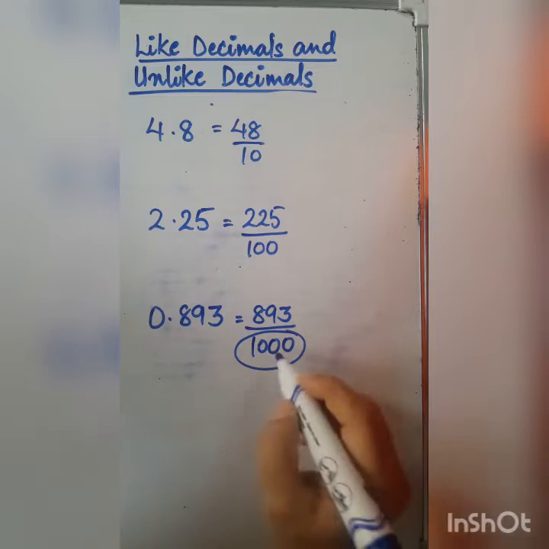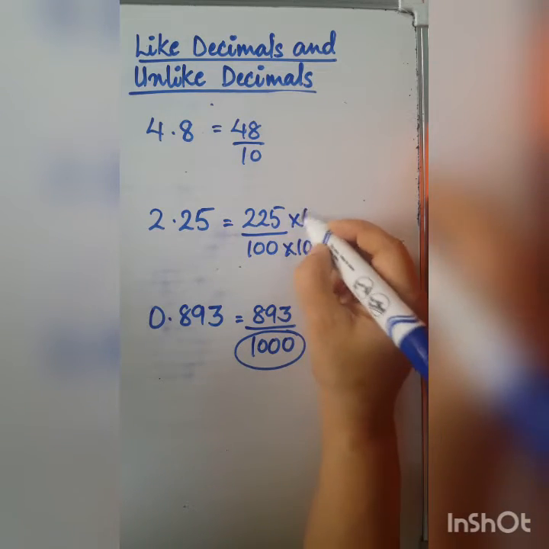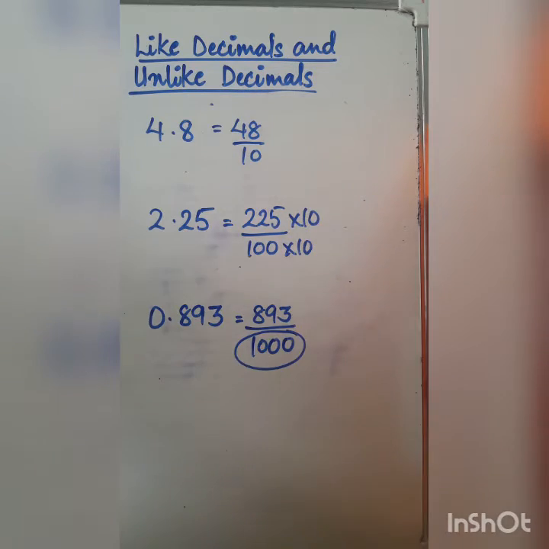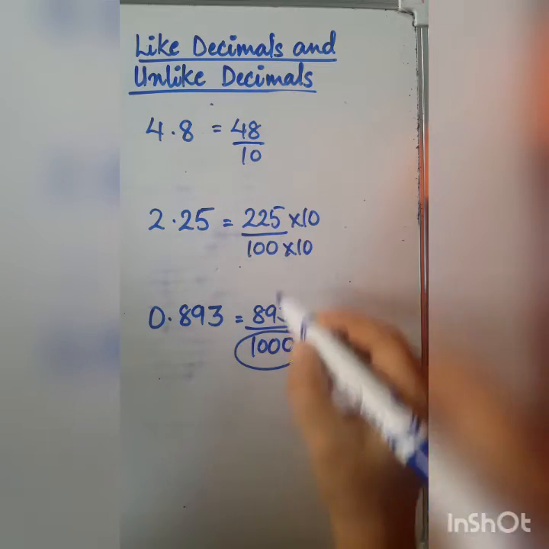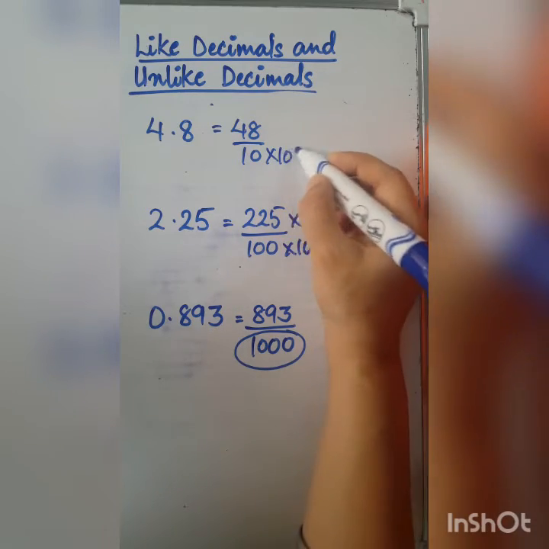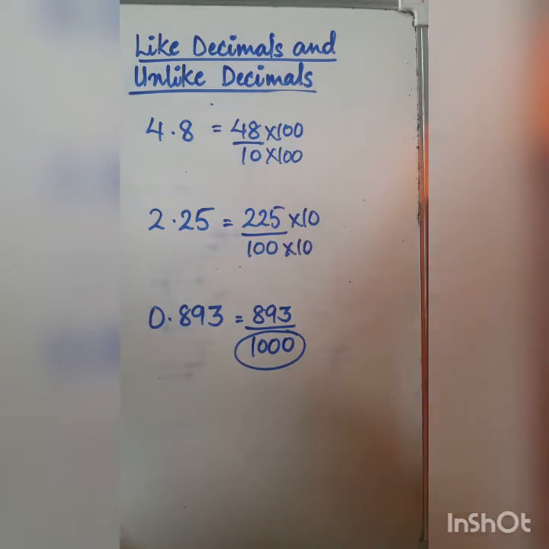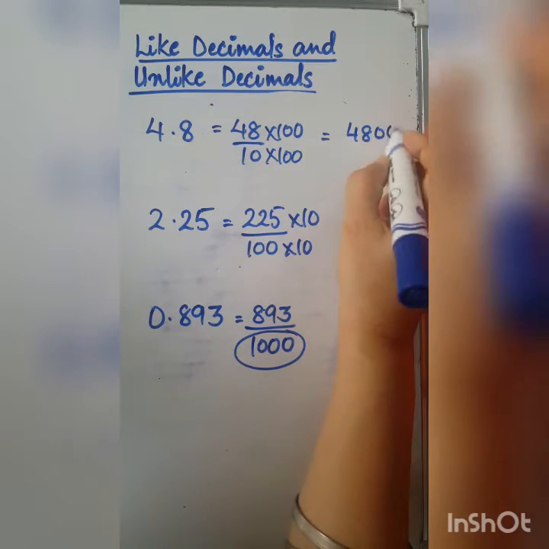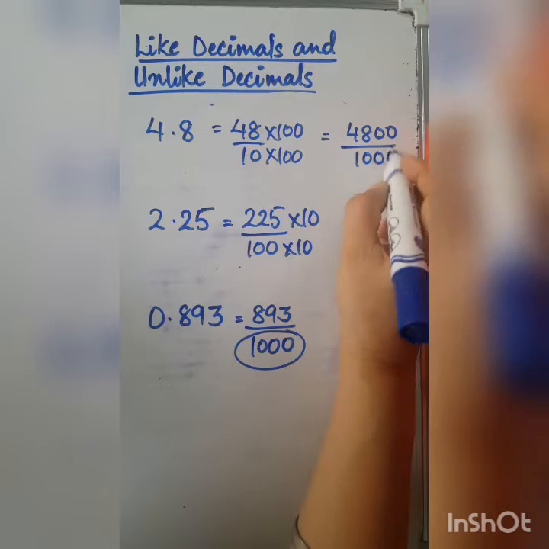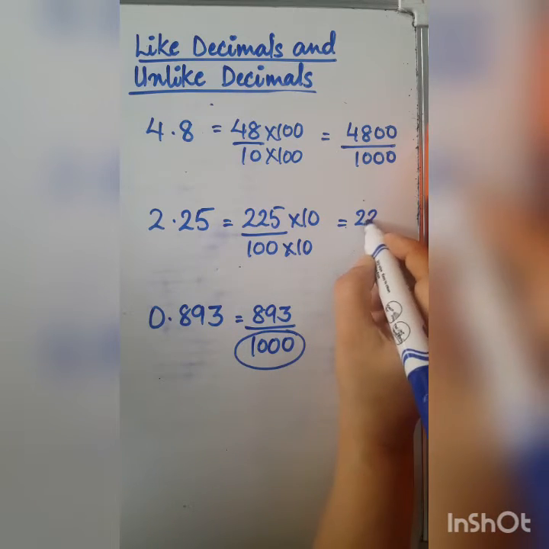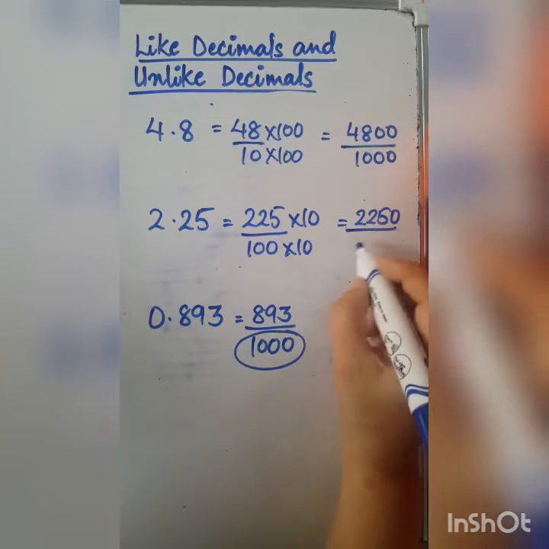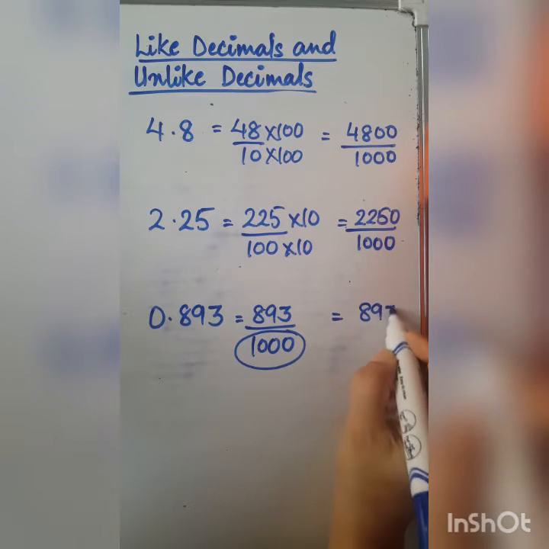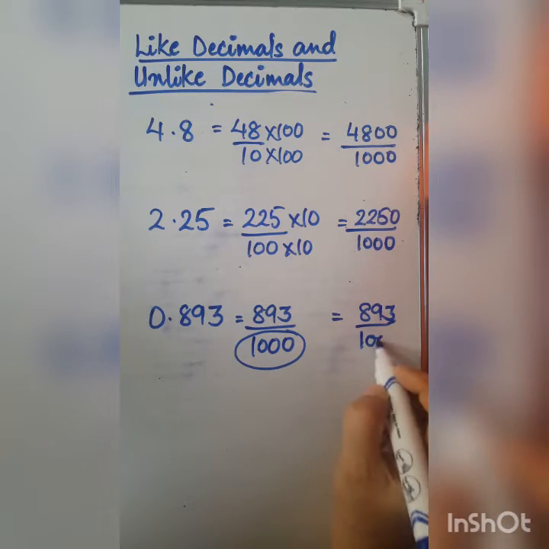I can change 100 to 1000 by multiplying the denominator and the numerator by 10. Similarly, I can change 10 into 1000 by multiplying the denominator and the numerator by 100. So this will be equal to 4800 by 1000. This will be 2250 by 1000, and this is equal to 893 by 1000.